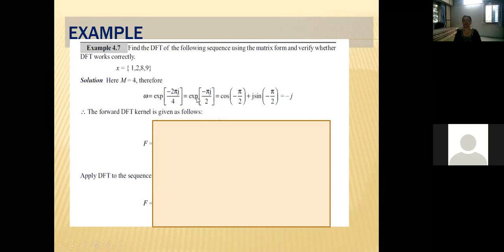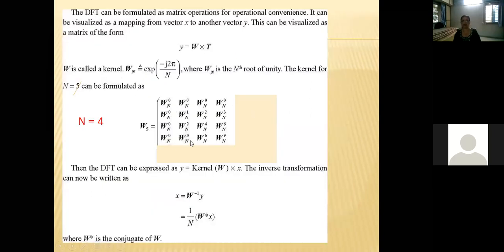So this becomes e raised to minus pi j by 2, since the 2 is cancelled, which is nothing but cos of minus pi by 2 plus j sine of minus pi by 2, and effectively this W term is minus j. Now in this equation, substitute Wn as minus j, and the first row becomes minus j raised to 0 for all the components.